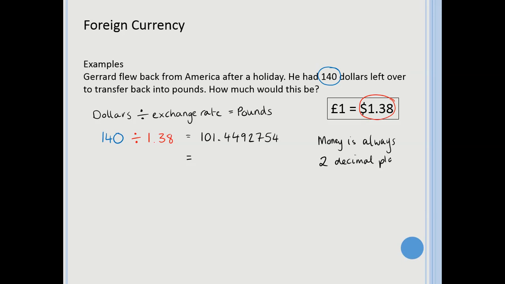So we're going to use a bit of our prior knowledge here, and we're going to round. So that 9 is going to make the 4 go up to a 5. So our final answer is going to be 101 pounds 45 pence. I'll write that again, with the pound sign in because it's money we're dealing with.